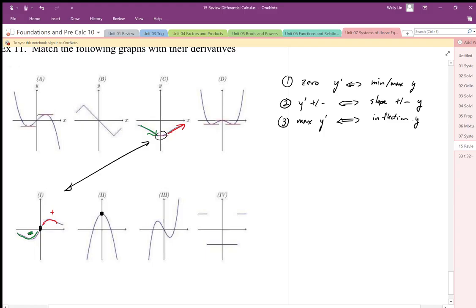We go from positive concavity to negative concavity. We have inflections here and here on this graph, but clearly the inflection only matches here. So we can see by just inflection that these two graphs are going to match.